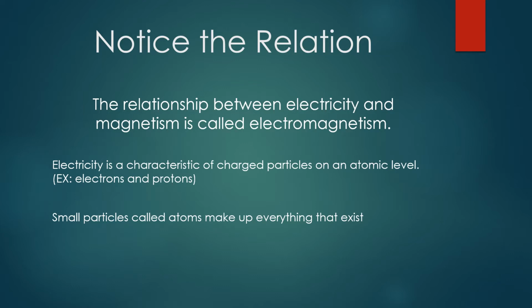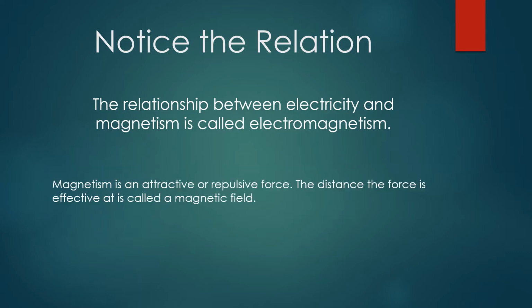Speaking more on electromagnetism, electricity is a characteristic of charged particles on an atomic level. These particles on the atomic level are electrons and protons. The small particles called atoms make up everything that exists. Magnetism is an attractive or repulsive force. The distance the force is effective at is called a magnetic field.